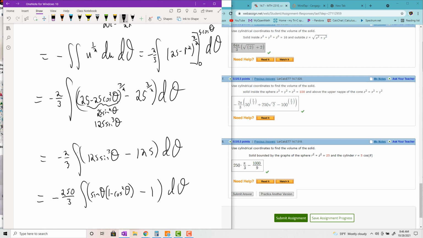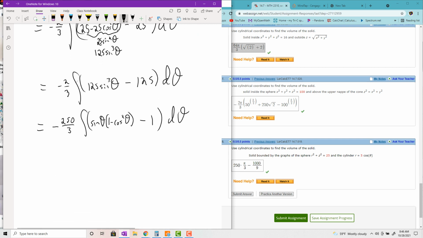Then you'd have to do a u sub on the first portion of your integral. So you get negative 250 thirds integral, whatever that thing is, minus this other integral, which will become just 1 d theta. Sort of. There's that pesky negative 250 over 3, so it'd be plus 250 over 3.